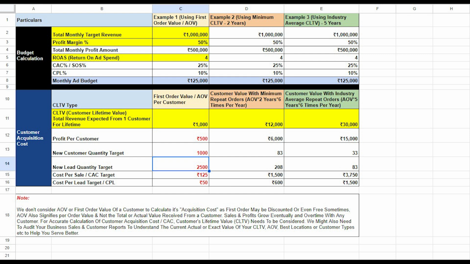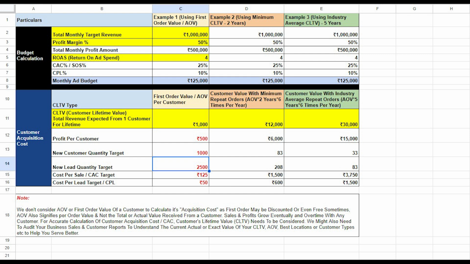Now this is again a question. Some of you may calculate it on the revenue basis, some of you may calculate on the profit. I think it's better to calculate on the profits, because you want to make sure your profit gets 4x or 3x, and then your sales also pull up accordingly.